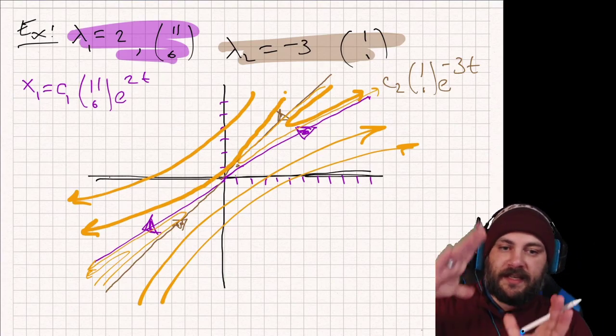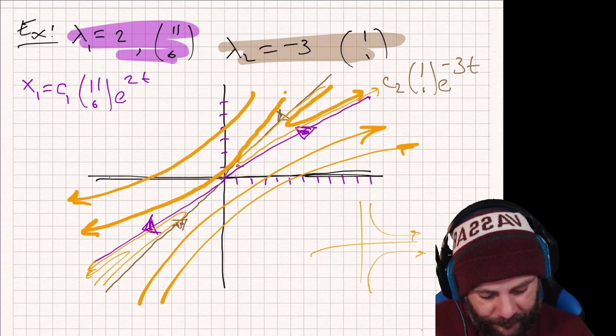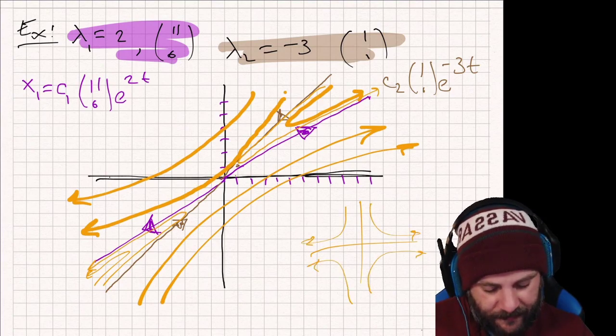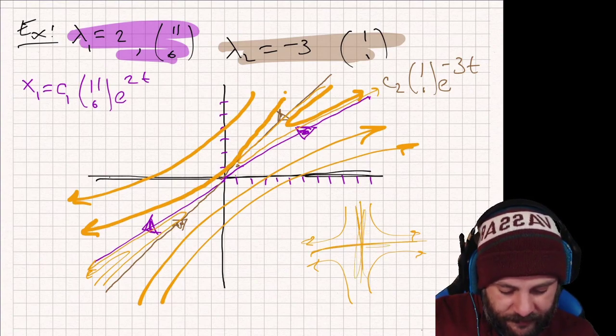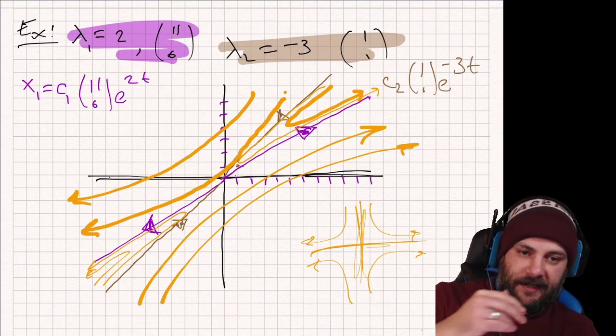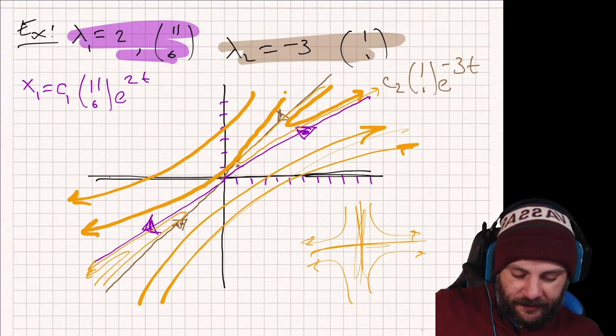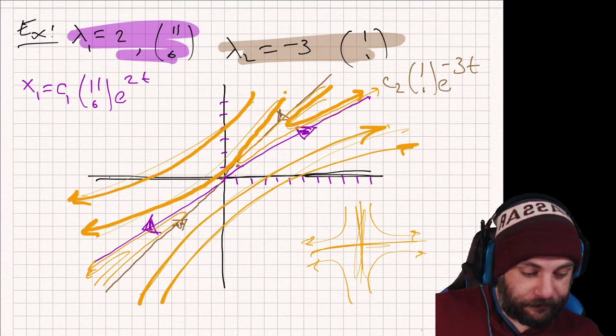So we can see here that a saddle doesn't have to look all perfect and symmetric like this. My eigenvectors, my straight line solutions, can be quite skewed to one another, and we can get this squishiness where we have these gentle trajectories on the outside and then these really sharp turning trajectories on the inside.